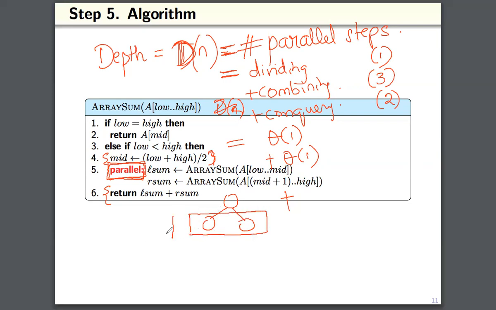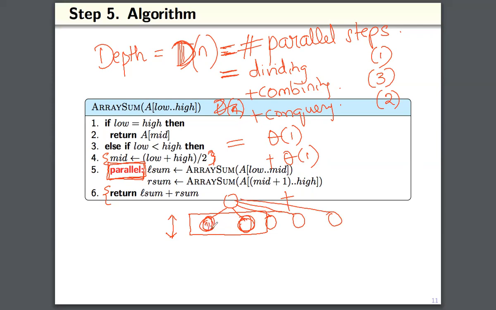So the time taken for completing this task, because you're running them in parallel, and depth is related to the parallel time on infinite processor machines, means it is as if you're running only one task. It does not matter whether you are running 10 tasks or 100 tasks in parallel of the same subproblem.